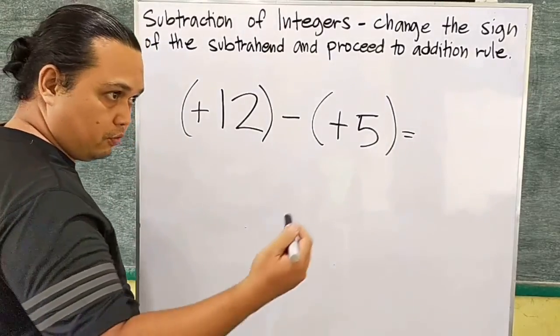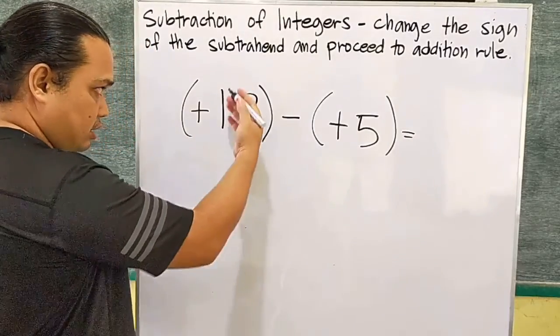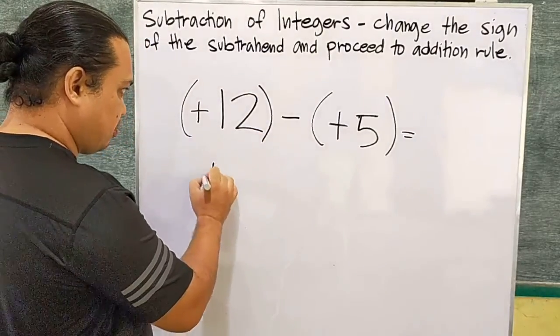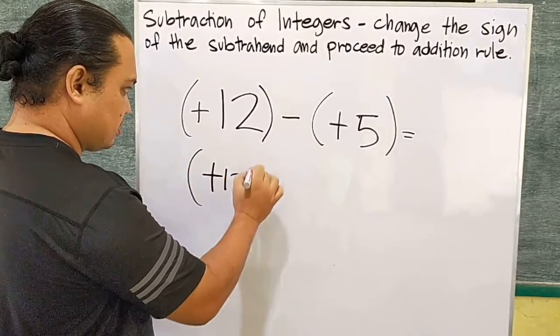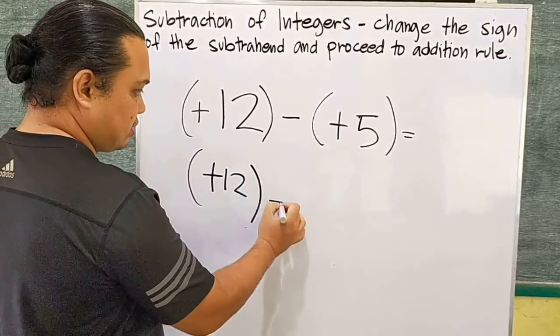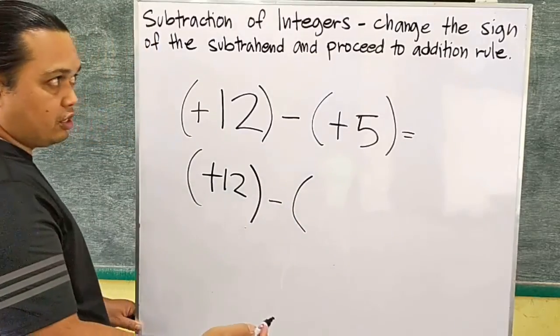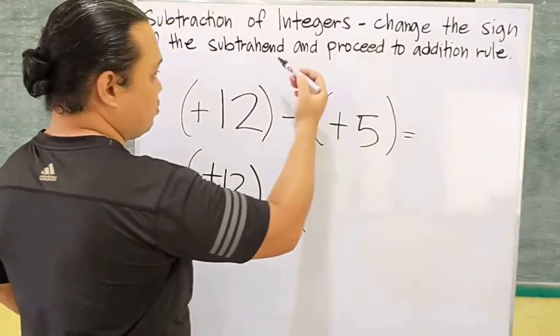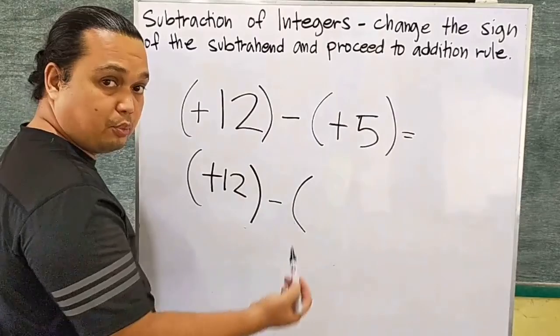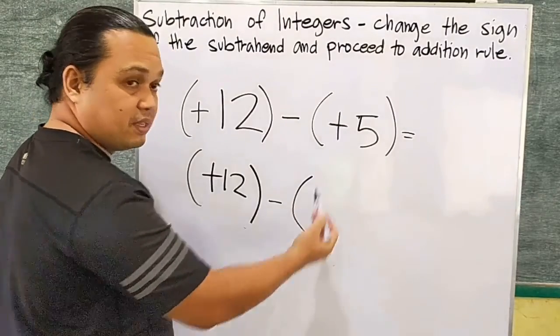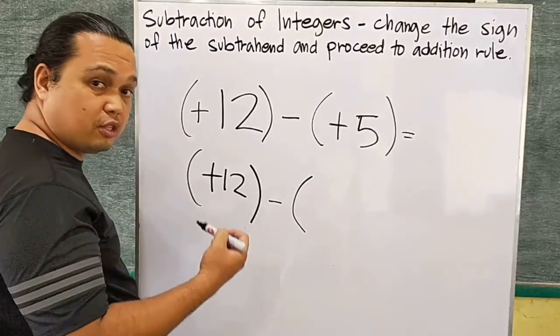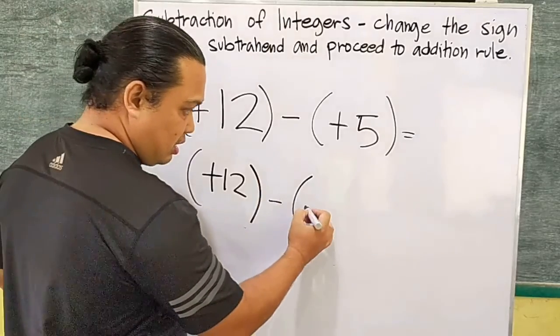So if you're going to answer this, let's first copy the minuend. That's positive 12 minus. Change the sign of the subtrahend, which in our example has a positive sign. The opposite of positive is negative.